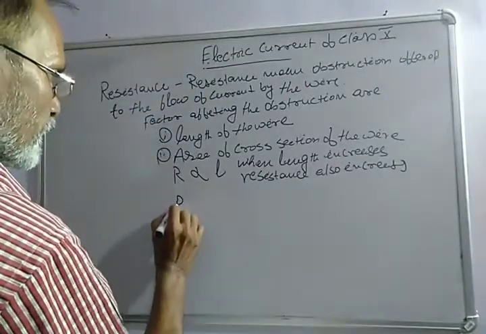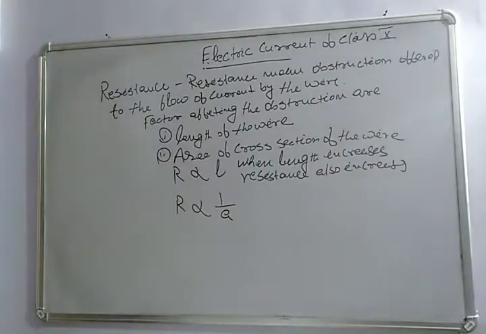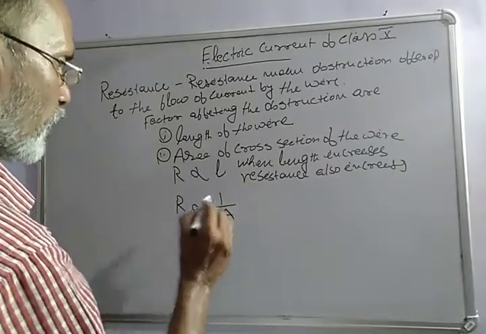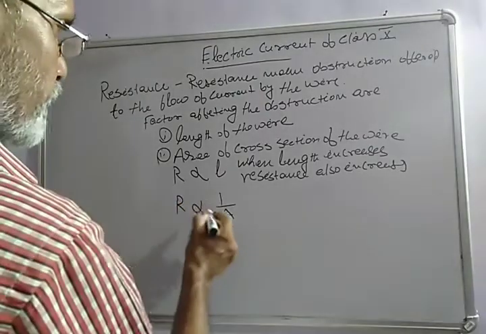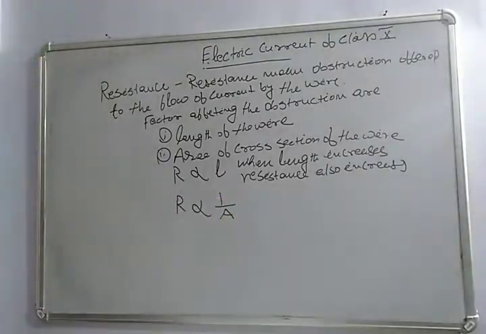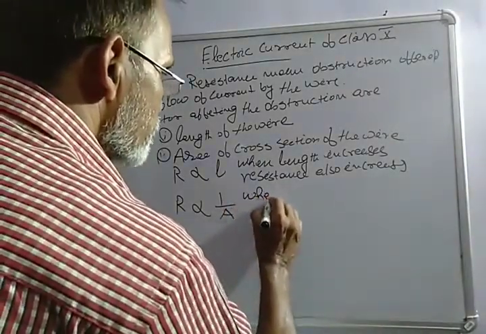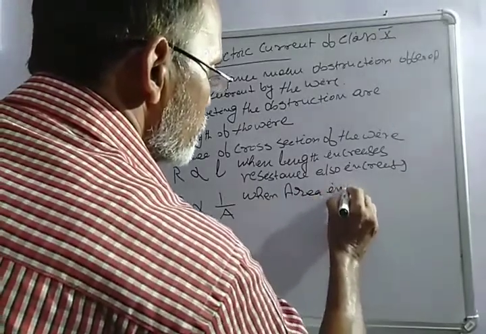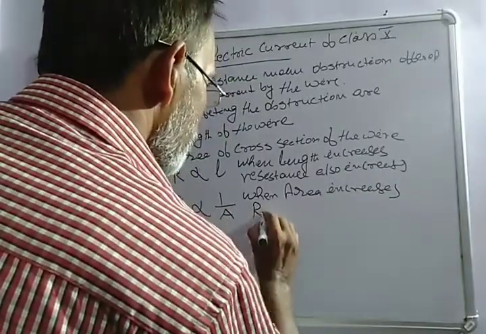Similarly, R is inversely proportional to the area of cross section of the wire, A, where A is capital. That means when area increases, resistance decreases.